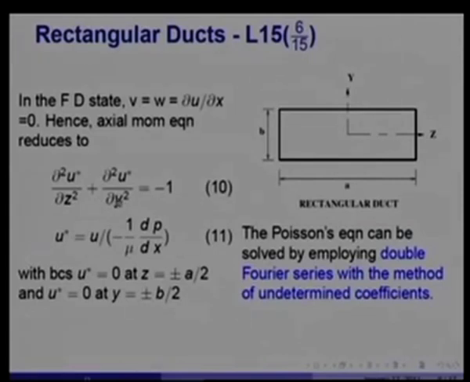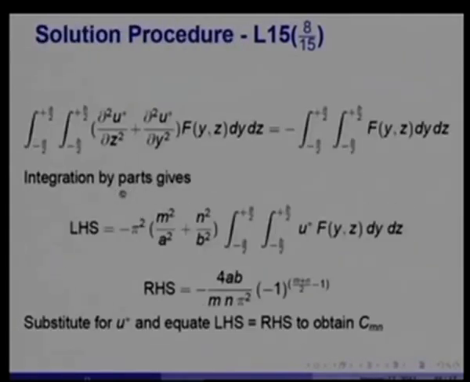The given Poisson equation is multiplied by f y z on both sides and integrated over the limits on z and y. So, we have integrated it from minus a by 2 to plus a by 2, minus b by 2 to plus b by 2, of d2u by dz square plus d2u by dy square times f y z dy dz, equal to the right hand side, which is minus 1 into f y z dy dz.